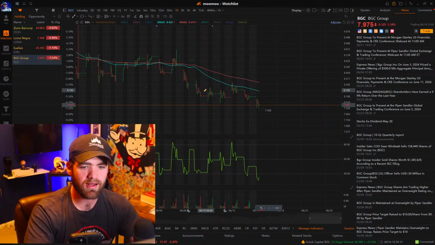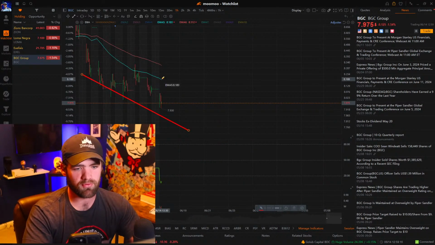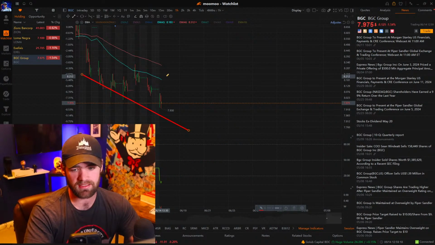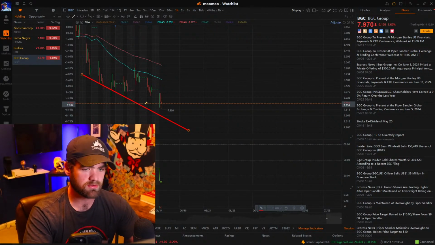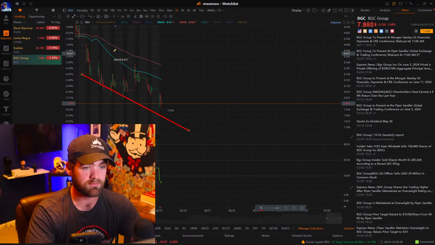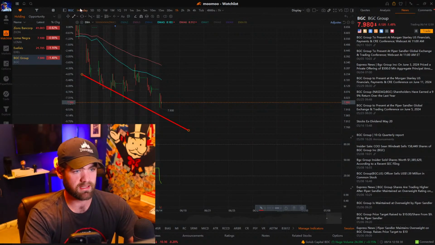But anyways, we do have this downward trend. So I would prefer it to break out above some of these trend lines here before we hop into it. But we could see that move going.